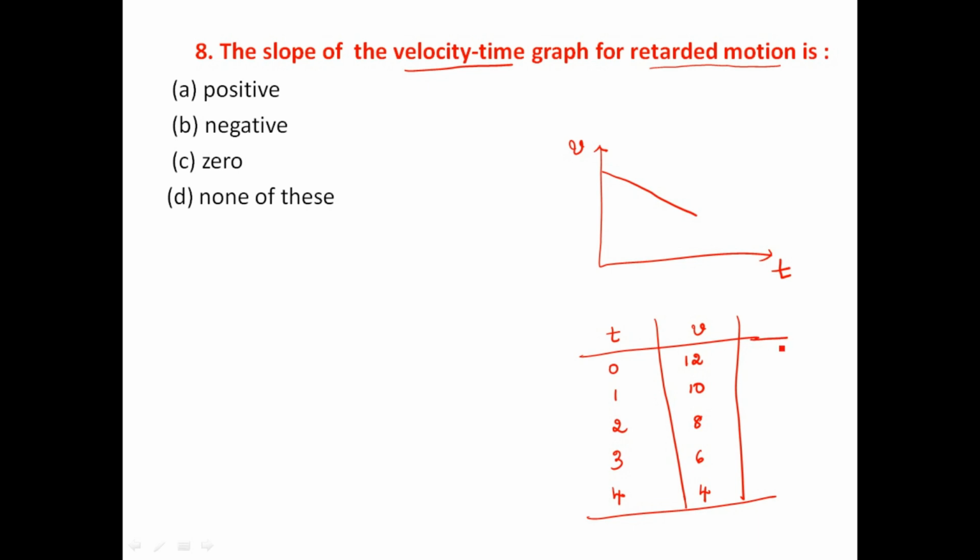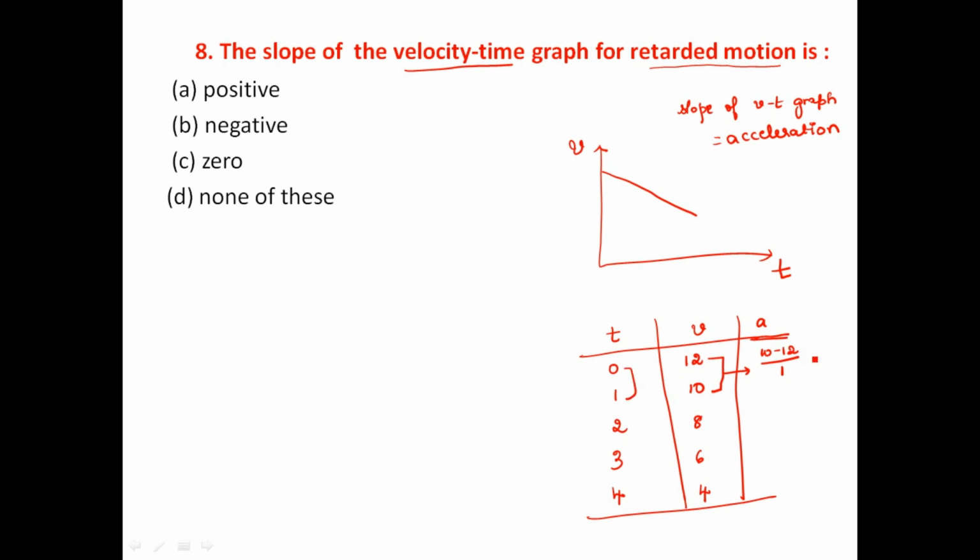Then you know that the slope of VT graph gives us acceleration. Slope of VT graph represents acceleration, right? So how do you get the acceleration for the above graph? If I have to find the acceleration over here, then it is 10 minus 12 by 1.